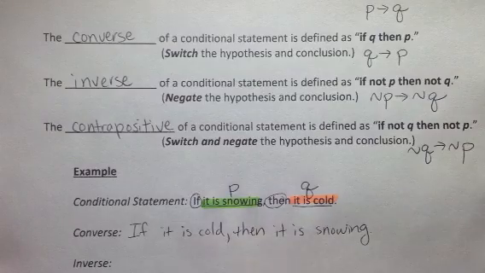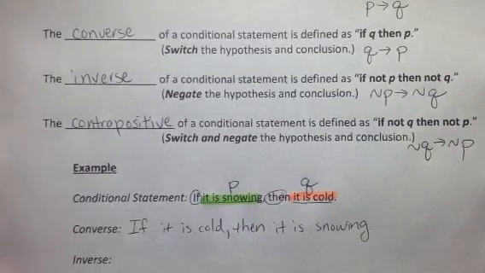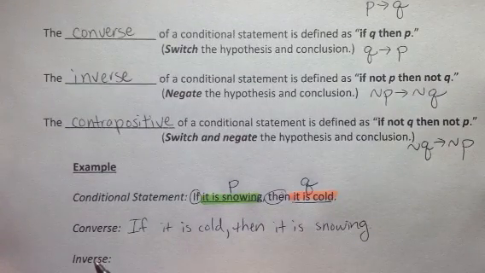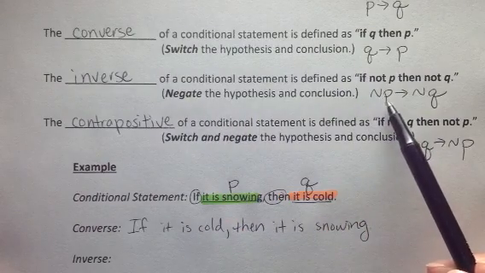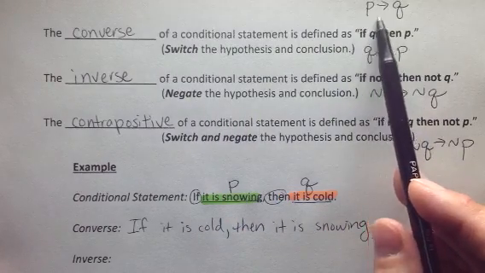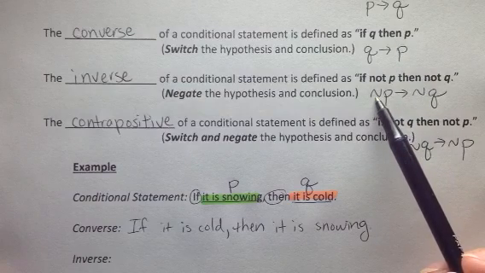Next let's do the inverse. The inverse is, remember, when I negate them. I'm going to go in the original direction, the P then Q, but this time I'm going to negate them. Here's what I mean by negate.